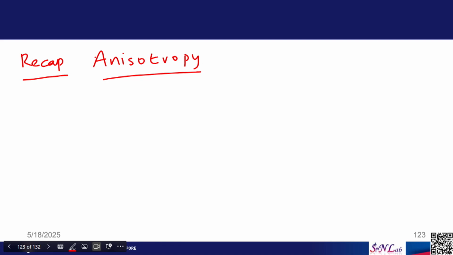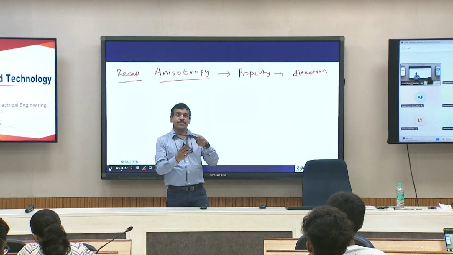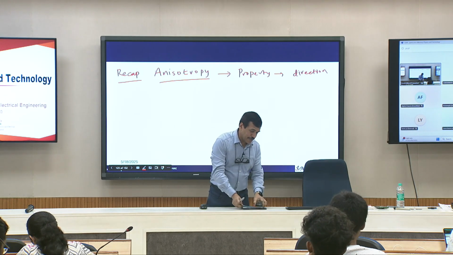So, I told you that if you measure a property and it depends on direction of measurement, then we say it is an anisotropy. For example, you measure the magnetic property of the material by applying field along this direction or along this direction, the hysteresis loop is going to be different.